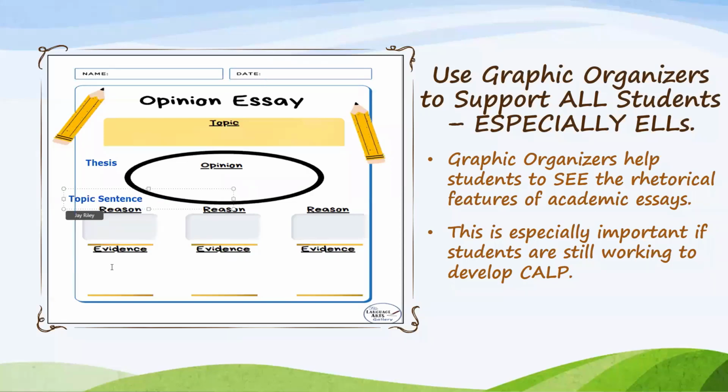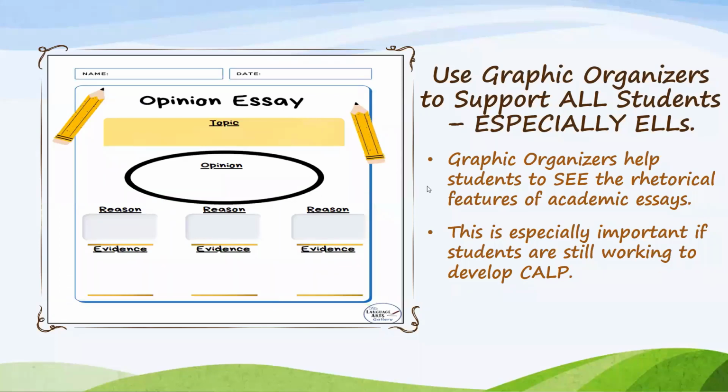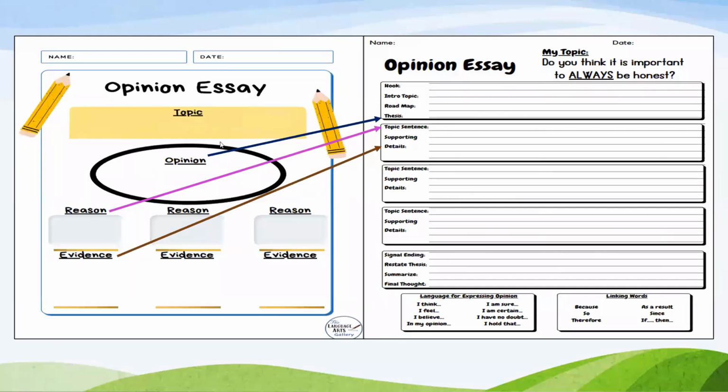And all that evidence down here is going to be your supporting details. So that would be your first paragraph right there. Then you've got your second paragraph right here. And over here, you're going to have your third body paragraph. So then our students can see how everything is going to flow from our graphic organizer to our template.